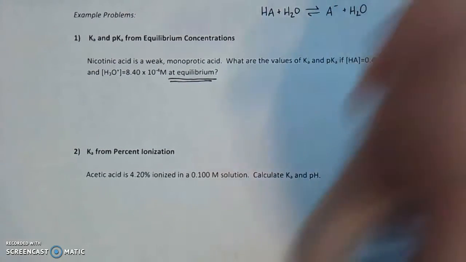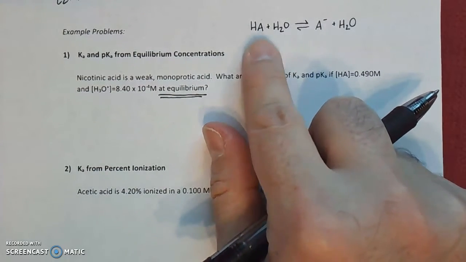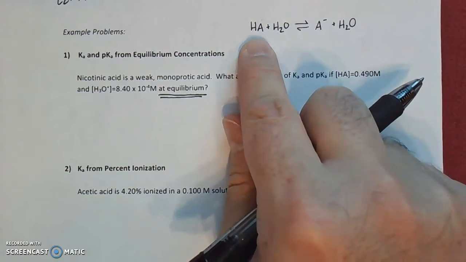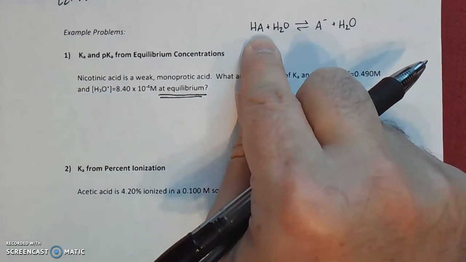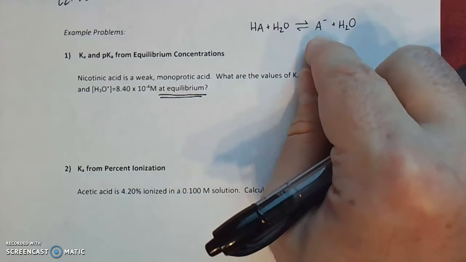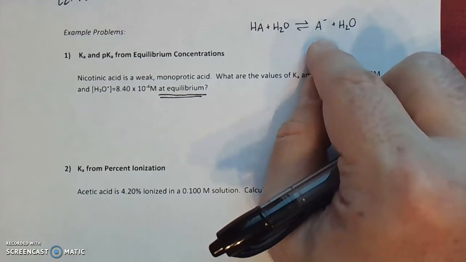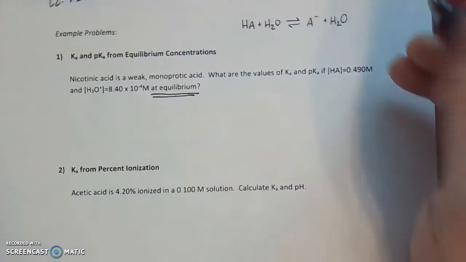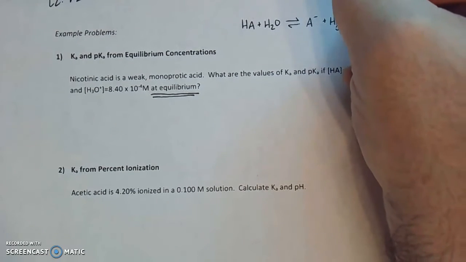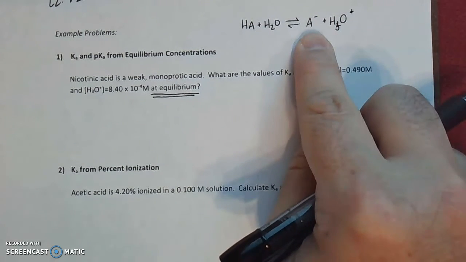All weak acids are going to follow this general formula. The weak acid HA plus water gives the conjugate base and the conjugate acid, H3O plus, sorry, that should be H3O plus.